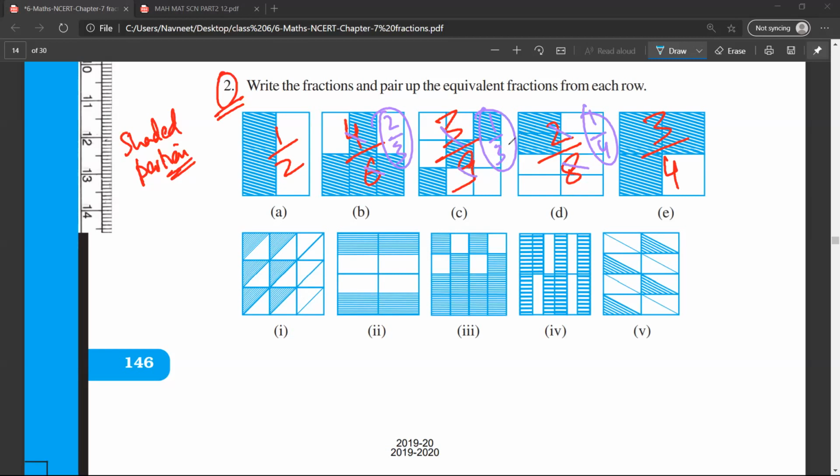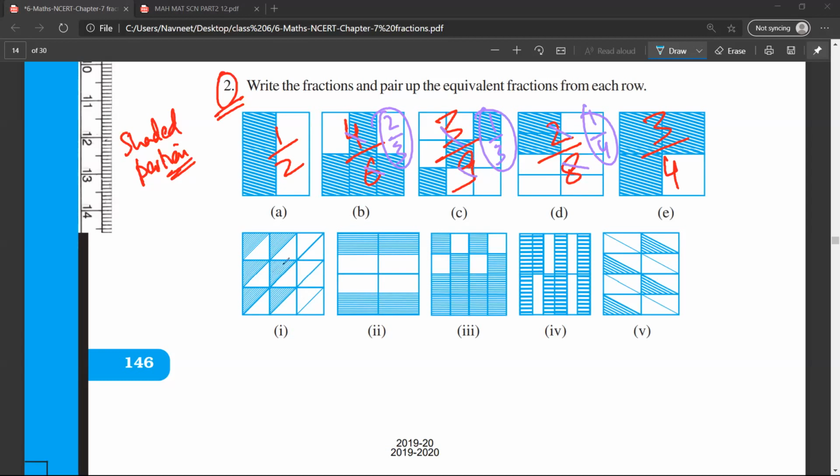Yes, there is no equivalent fraction. So I think we have to pair up with the next row. Okay, let's try to do that.